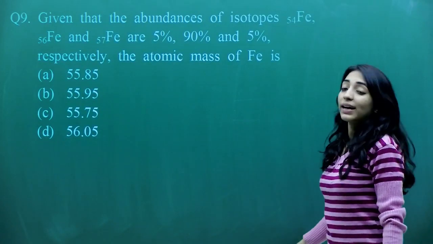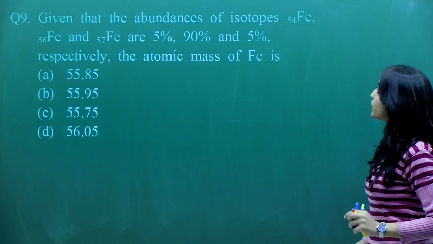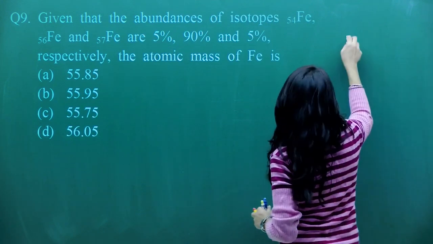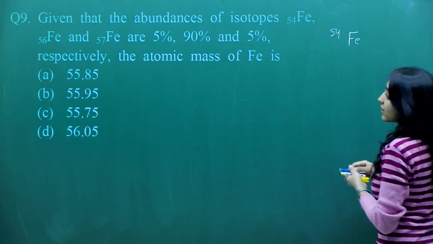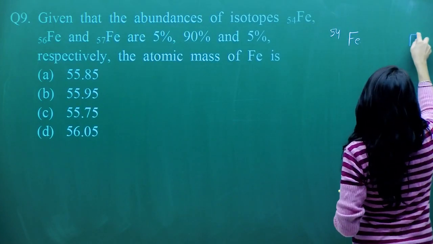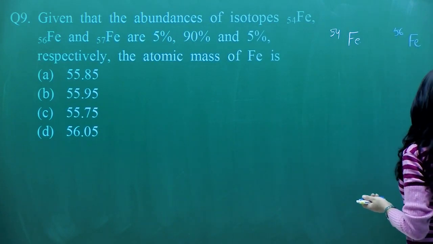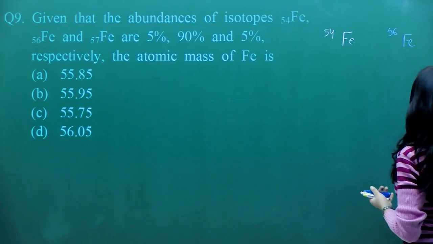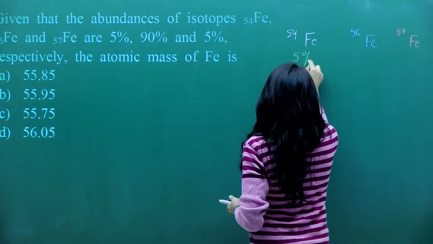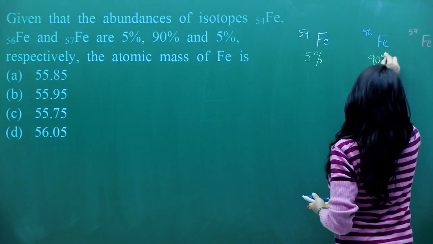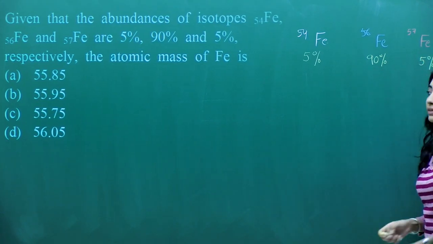So guys, question number 9 says that given the abundances of isotopes of iron, we have iron 54, iron 56, and iron 57, and the percentages are 5%, 90%, and 5%, right?